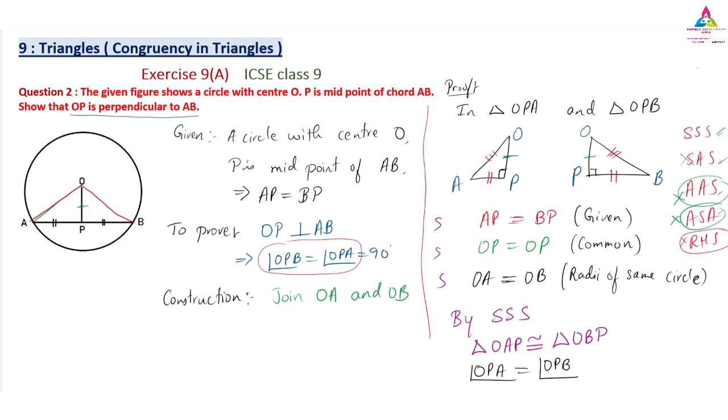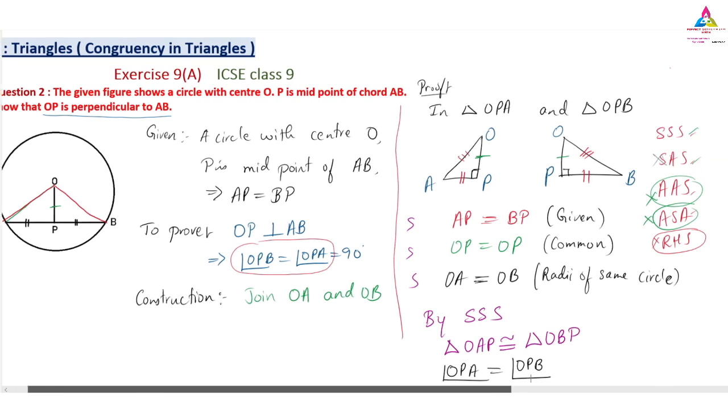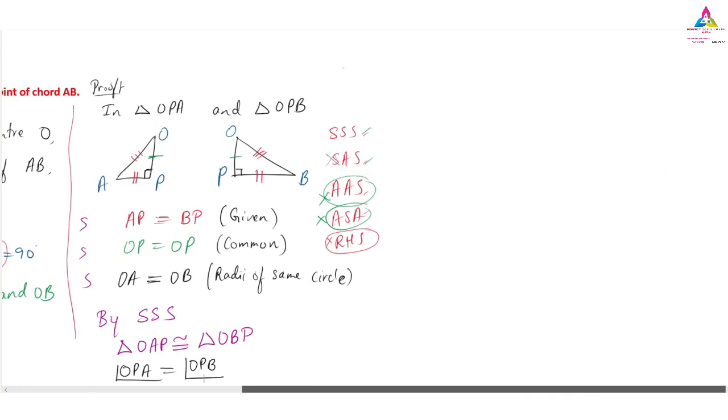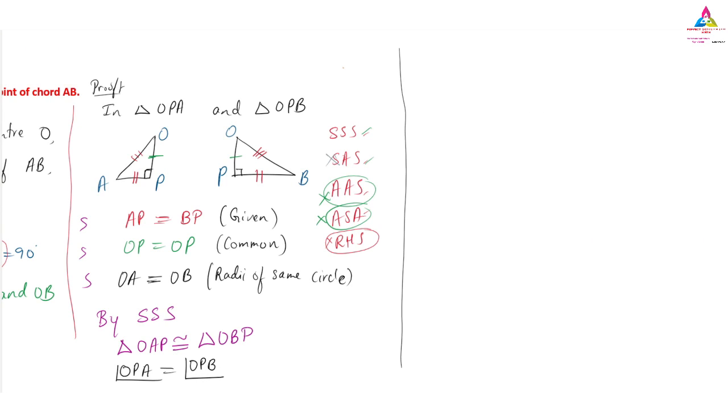In a straight line the two angles are equal. I will take the diagram once again on the other side, it will be easier for you to understand. So now you can see the same diagram I will draw once again. There is a circle, and we have one straight line, and this is our OP.